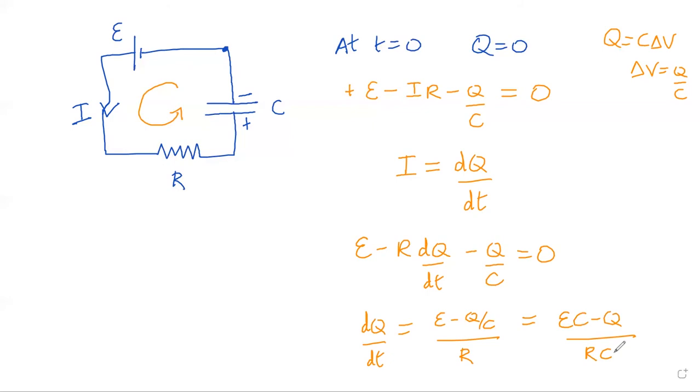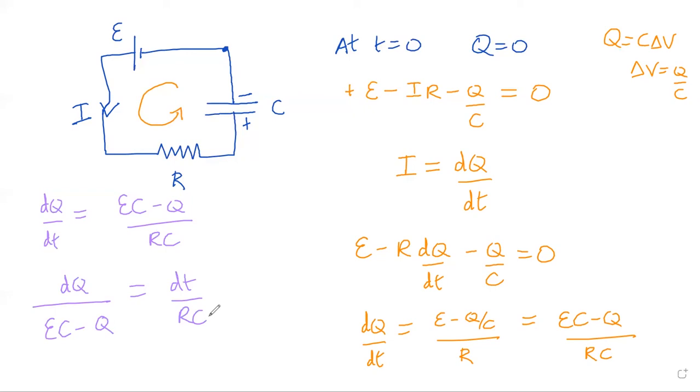To do so, we are going to bring all the Q-dependent terms on one side and move the other variables to the other side. So starting from dQ over dt equals EC minus Q over RC, we move things around and get dQ over EC minus Q is equal to dt over RC.